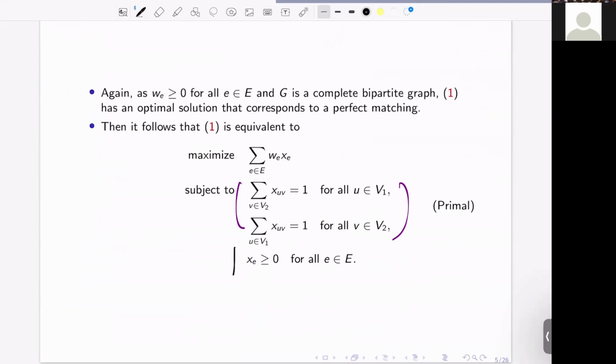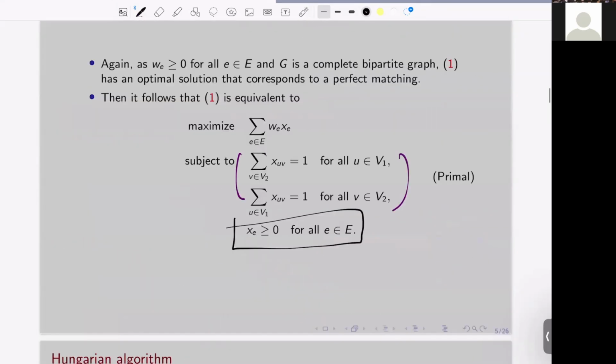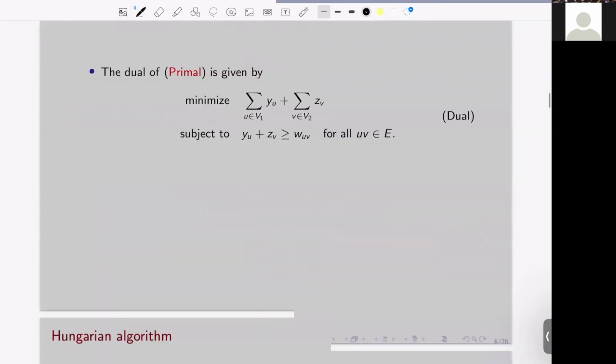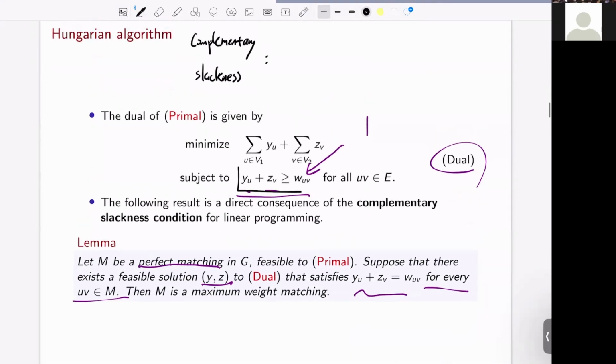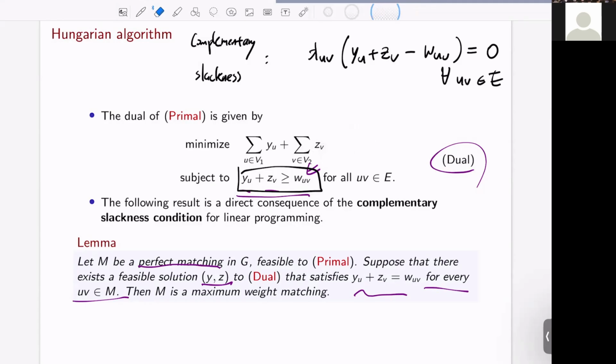But you take this inequality constraint from the primal, and these variables x_e correspond to this inequality constraint. So we say that the complementary slackness condition is satisfied if x_uv times (y_u + z_v - w_uv) equals 0 for all uv. So this is the complementary slackness condition.